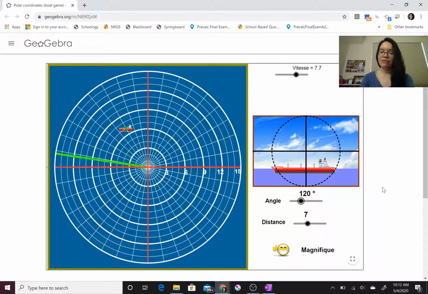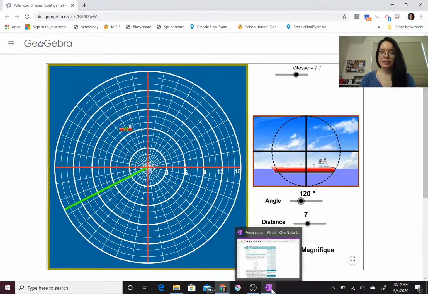So there's something about polar coordinates that makes it helpful to locate something from your own location, in terms of how far it is from the origin, and then the angle at which you're searching for it.